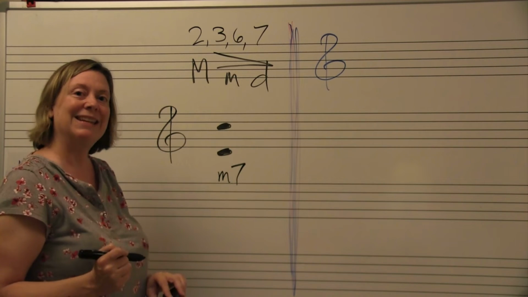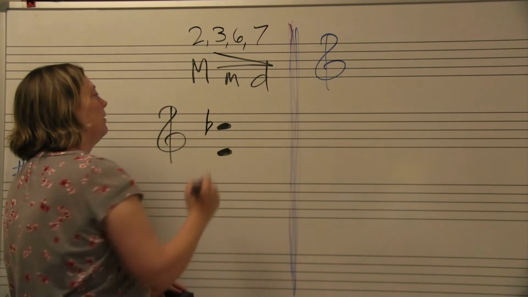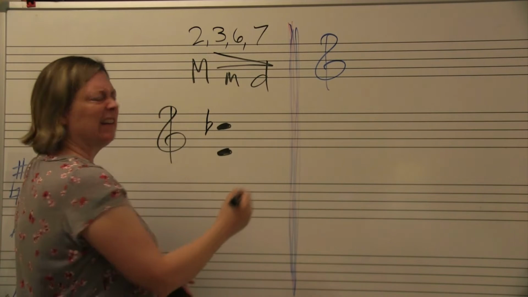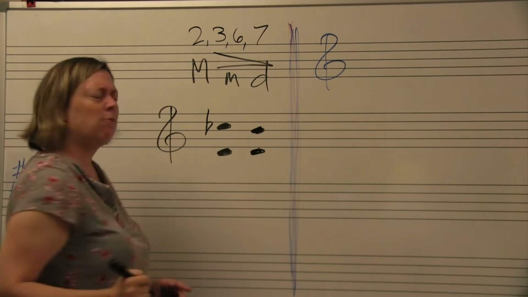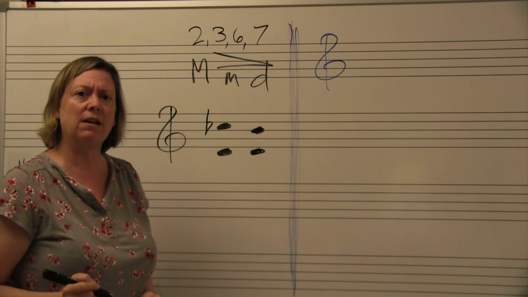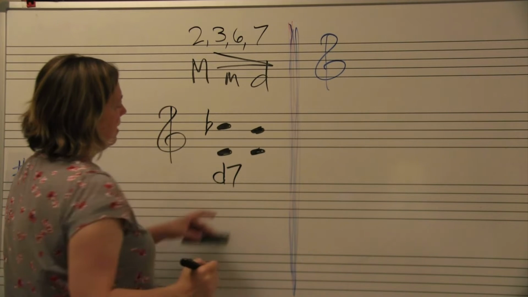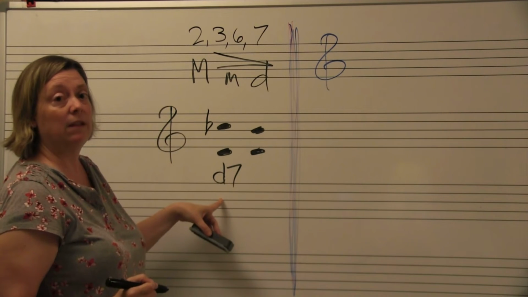How can I make it diminished? Yeah, I could do that. Hey, C flat is the same sound as B. Can I write a B instead of a C flat? Nope. Here's why. On paper, this looks like a diminished seventh.